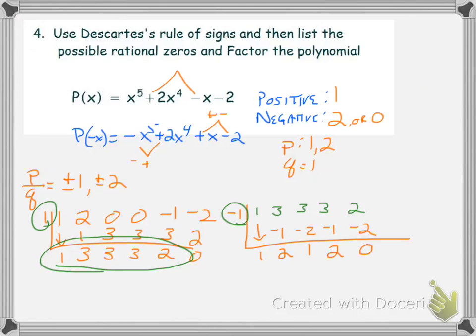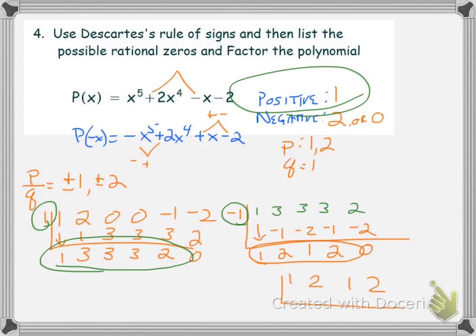So now I'm going to do it with my cubic terms, which are these here, 1, 2, 1, 2. But I don't need to check positive 2. The reason being, I only have one positive real root, and I've already found it in 1.